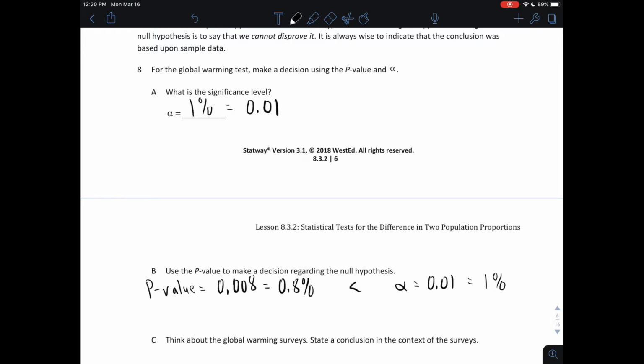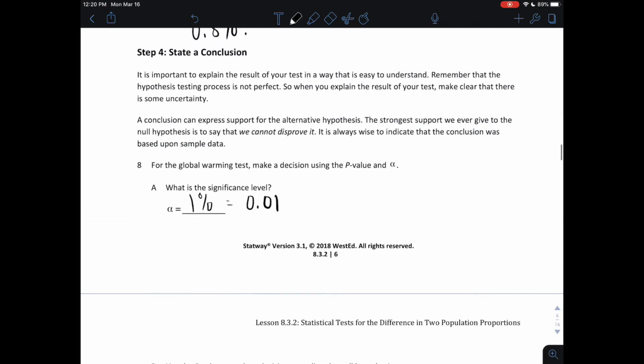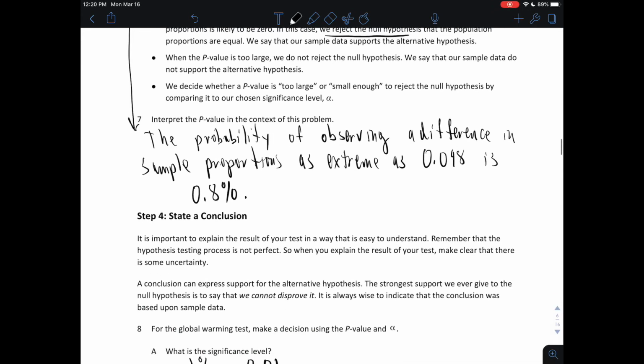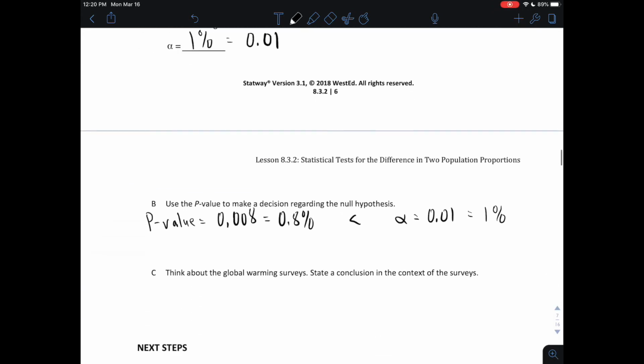And so in that case, if we go back to those bullet points above, when the p-value is small enough, it says we reject the null hypothesis. So that's the decision that we would make with the null hypothesis: reject the null hypothesis.